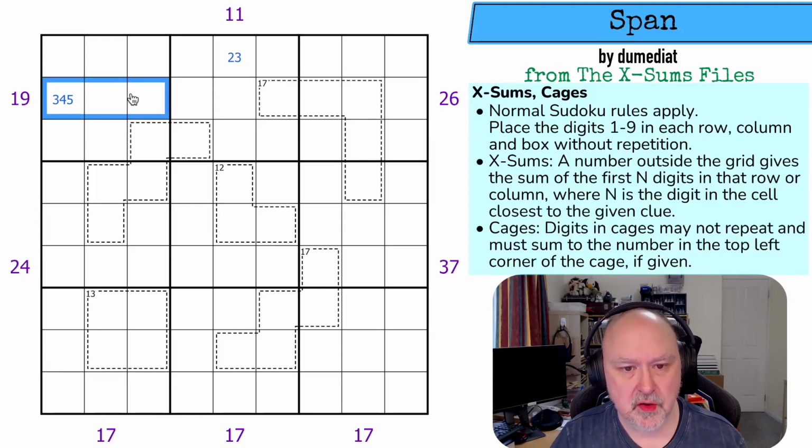So let's look at those 2 cells. Now, I'll try to highlight them. If this clue picked up those cells and this clue picked up those cells, they would sum to 45, and that would be a 0.